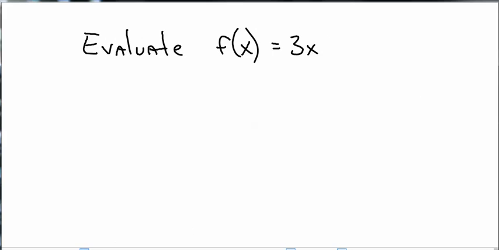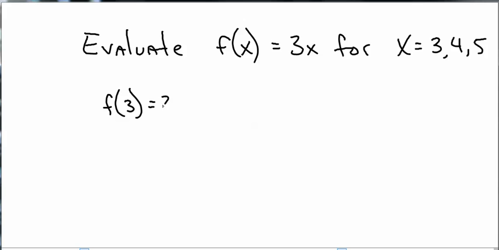Yes. If you're asked to evaluate the function of x equals 3x, what they're going to say is, for x equals 3, 4, and 5. So you would say that the function of 3 equals 3 times 3, right?